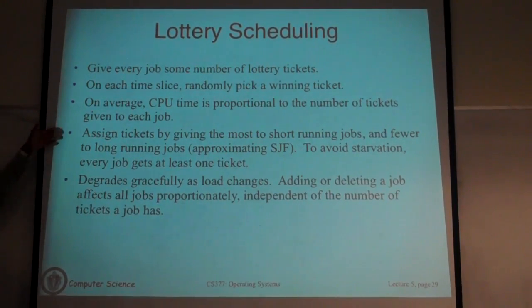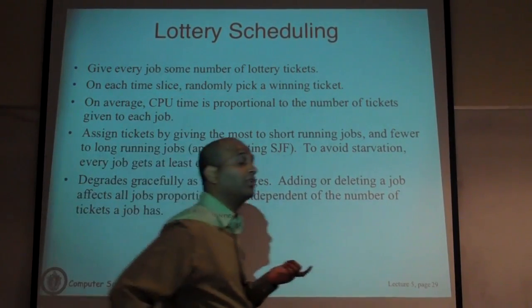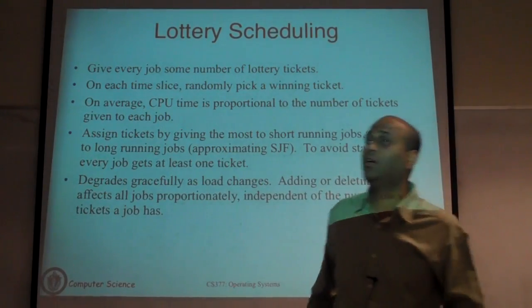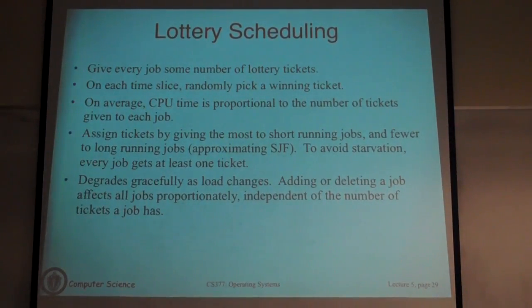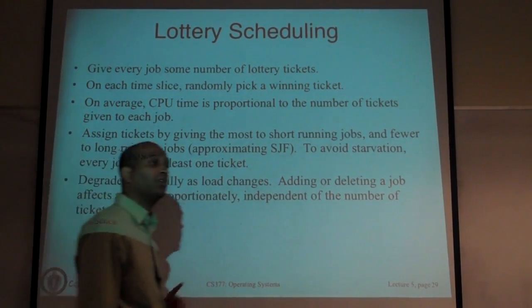Now what does this give us? Why do all this? First of all, by controlling how many lottery tickets are assigned to each process or job, you can control the fraction of CPU time that job is going to get. The simplest case, let's say you have two jobs, A and B. Each one is given one ticket.